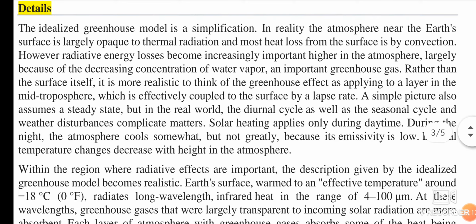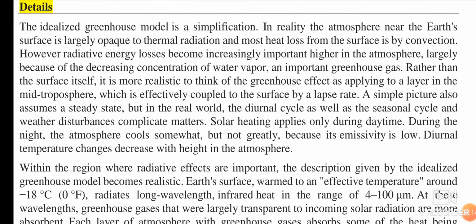near the Earth's surface is largely opaque to thermal radiation, and most heat loss from the surface is by convection. However, radiative energy losses become increasingly important higher in the atmosphere, largely because of the decreasing concentration of water vapor, an important greenhouse gas.